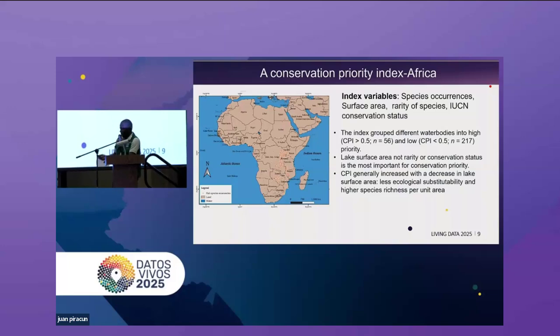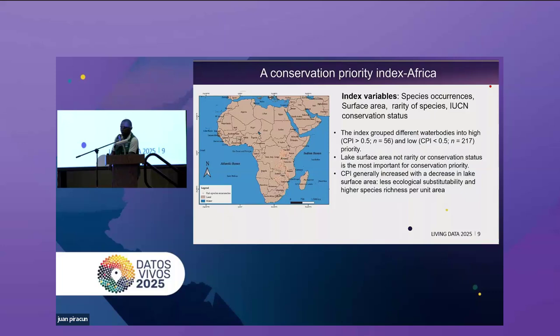And what we learn from this index is that yes, these occurrences of species can help us prioritize areas. And we learned from all the analysis that we did that the surface area is the most important factor for prioritizing areas. And that was because the number of species of conservation importance per unit area was higher for smaller water bodies.